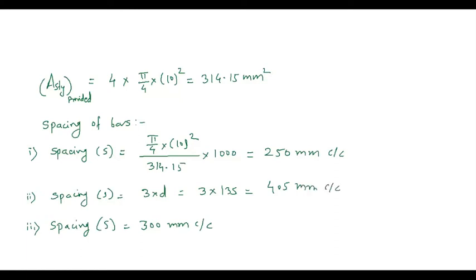And third is 300. So minimum is 250 and 4 number of bars we are providing in y direction. So here I will write provide 4 bars each of 10 mm diameter about 250 mm center to center in y direction. This y direction is nothing but our longer direction.